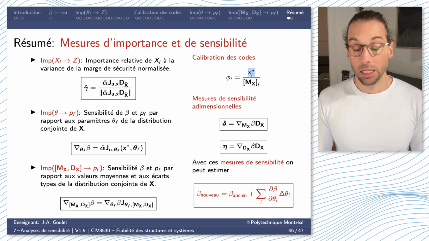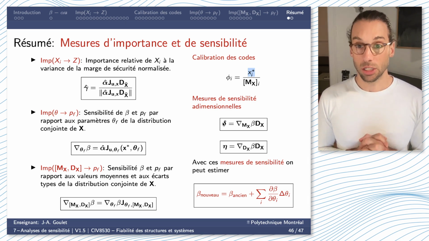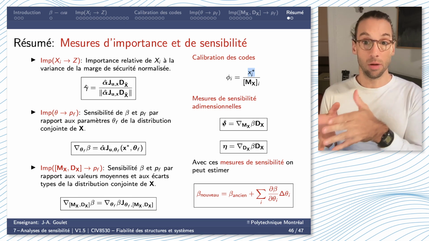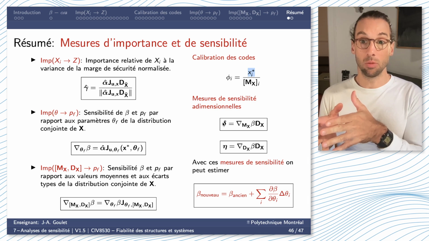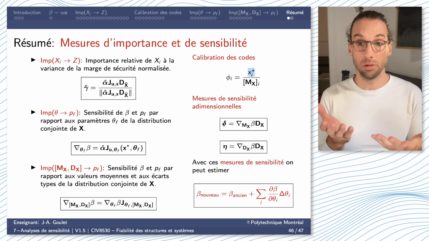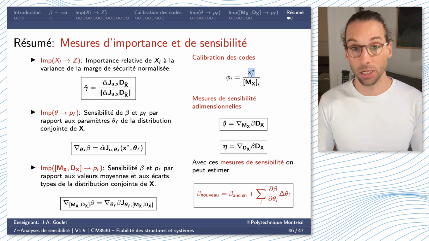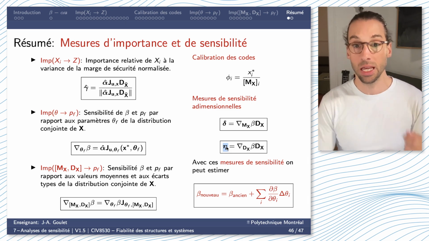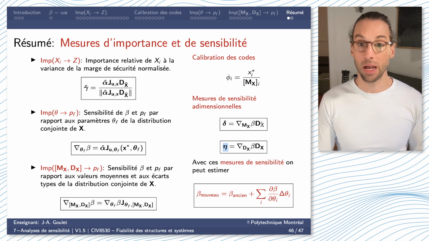And finally, the sensitivity metrics we're going to use in order to guide us upon which variable we should act in the case where we don't satisfy our reliability index after doing a reliability analysis. We're going to guide our action with respect to the delta and eta, which are my adimensional sensitivity metrics that tell me if I move my mean by 1 standard deviation, by how much I move my beta.